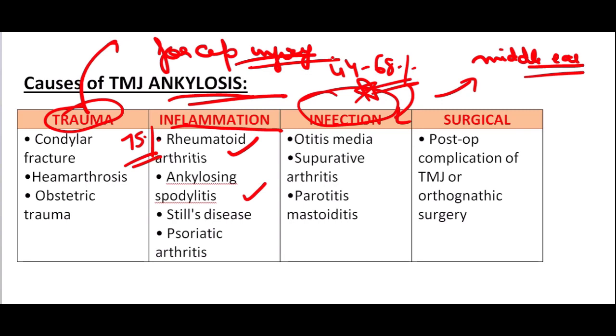So direct impact on the joint or chin area can lead to bleeding into the joint space. So this hemorrhage can initiate undesirable changes, including the blood clot and a deposition of the bone. If the jaw movement is restricted for an extended period, fusion between the joint surfaces can occur.